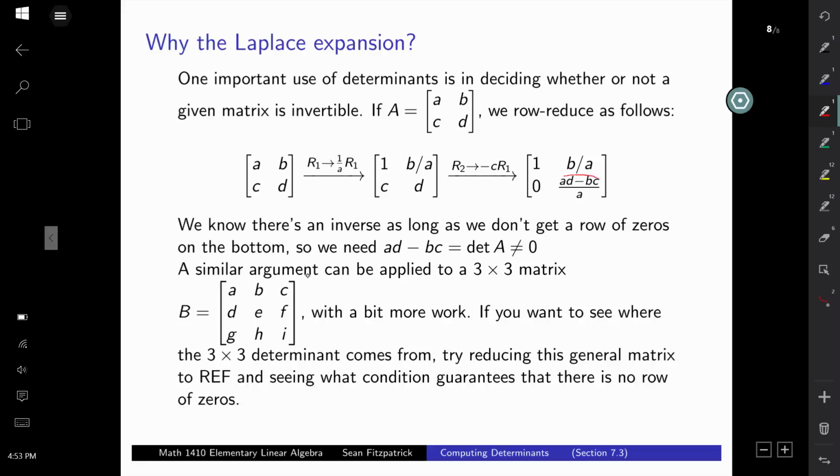I mean, you can see here, if I want to get a leading 1 in that second column, I need to make sure that that quantity, AD minus BC, which is the determinant of the original matrix, is non-zero. In the 3 by 3 case, you find the same thing. If I want to guarantee a unique solution, I got to make sure that the determinant of the coefficient matrix is non-zero.